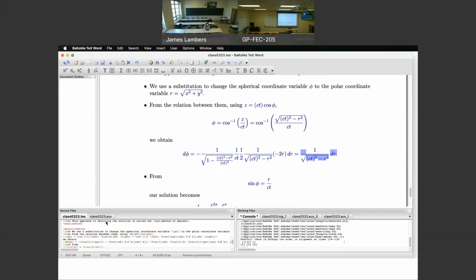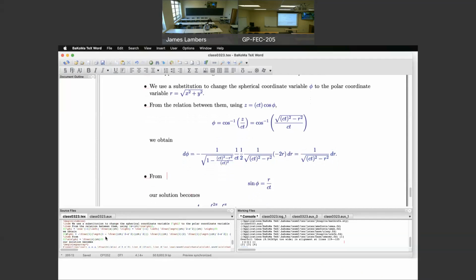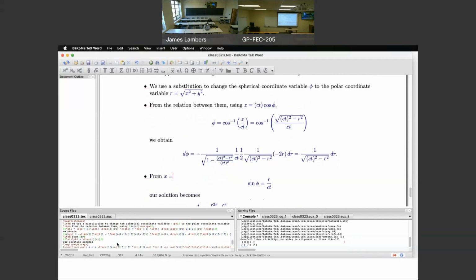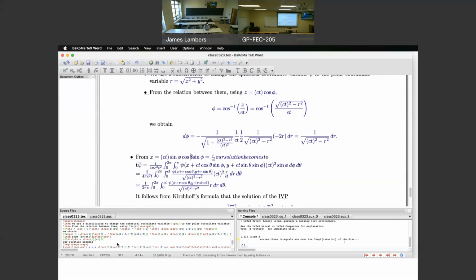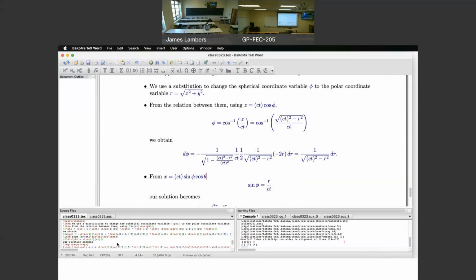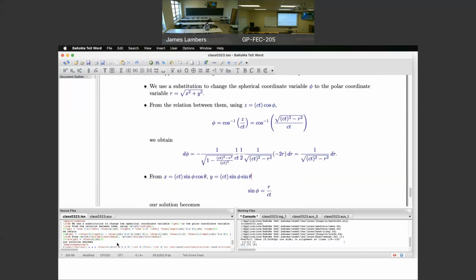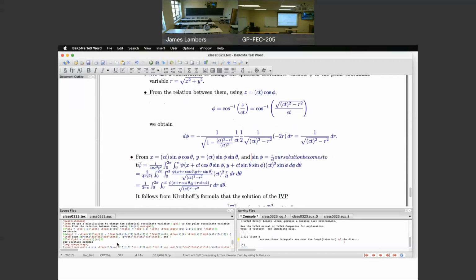Then, from the other formulas for spherical coordinates, x is equal to ct sine phi cosine theta, and similarly y is equal to ct sine phi sine theta, and x squared plus y squared equals r squared.